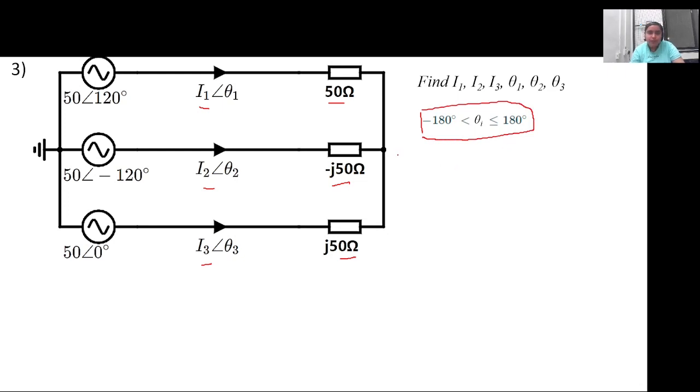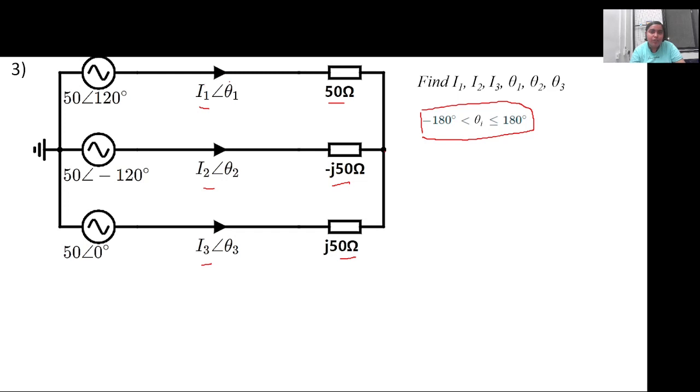So how are we going to approach this problem? Is it not simply I is V by Z? Just divide directly the applied voltage with the resistance, inductance or capacitance to get the current flowing through.